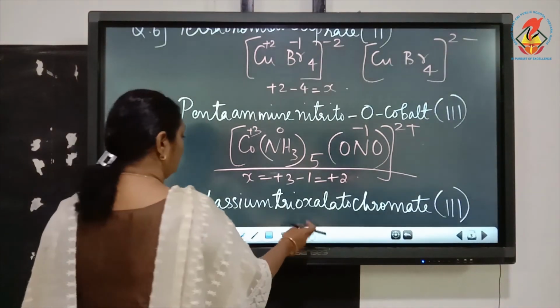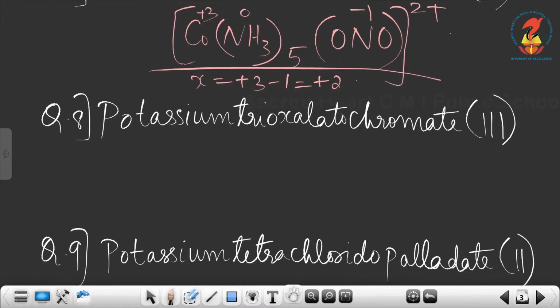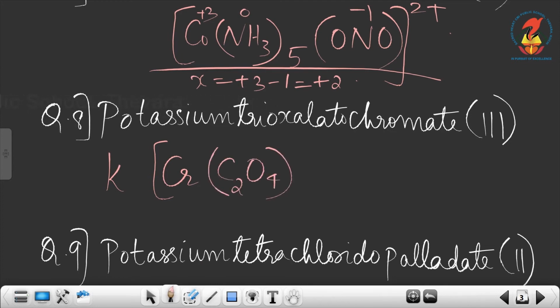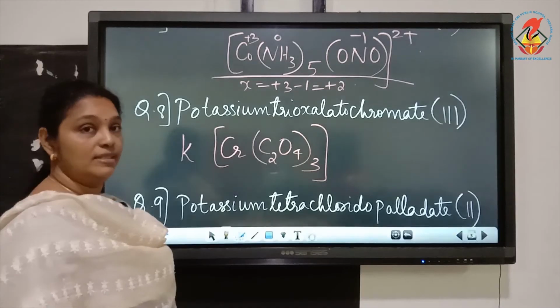Now question number 8 is potassium trioxalatochromate(III). Here we have the central atom as chromium and potassium is the counter ion. Chromium, then trioxalato, so C2O4 thrice. And you should find out how many potassium are needed.